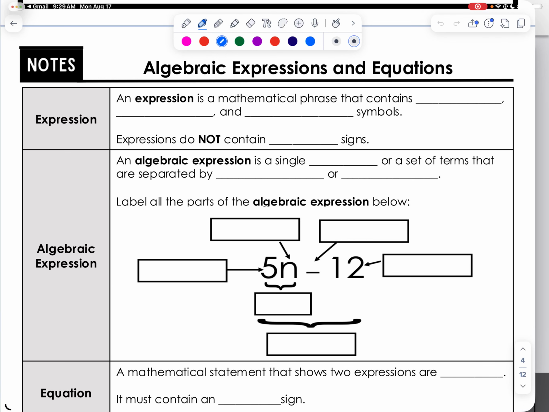In today's lesson, we will be exploring algebraic expressions and equations. Let's start with a couple of definitions. An expression is a mathematical phrase that contains numbers, variables, and operation symbols.